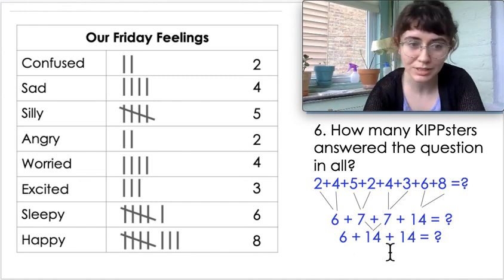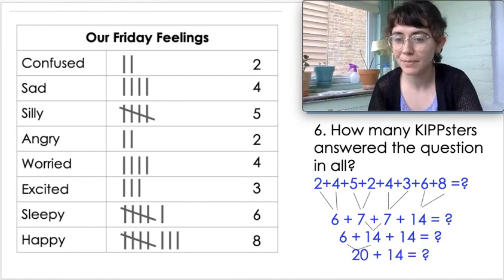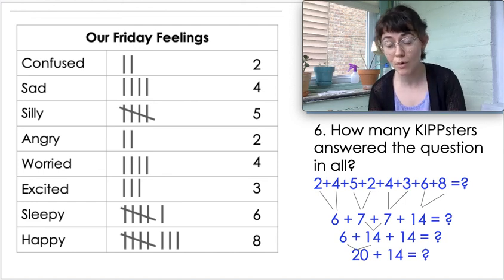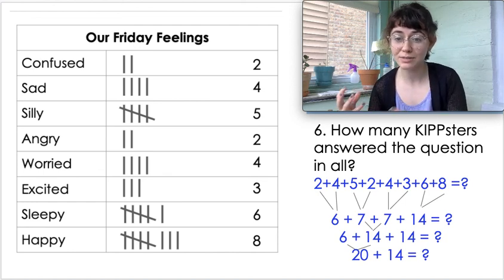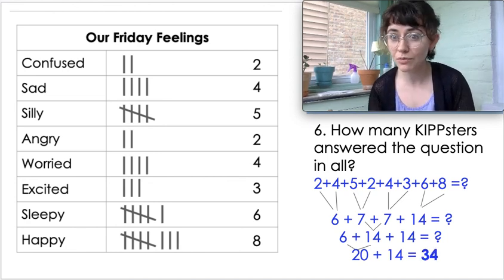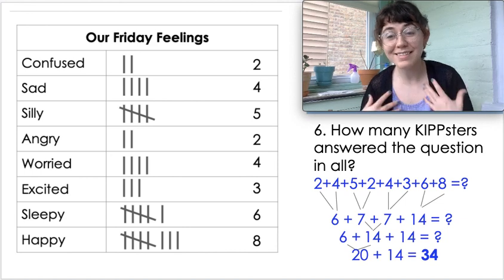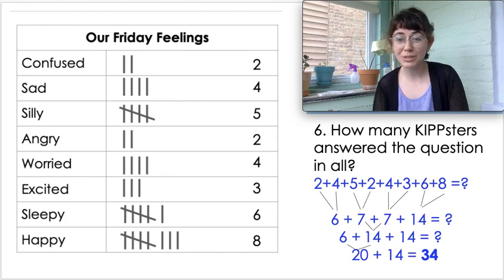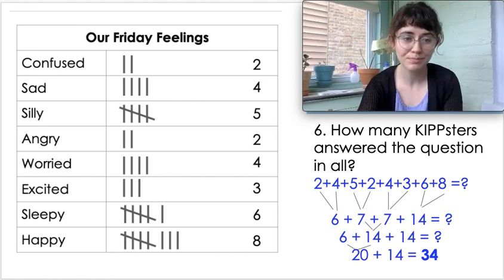So 6 plus 14 is 20. And now that I have 20 plus 14, that's so easy because it's just 2 tens, 0 ones plus 1 ten, 4 ones. 0 ones plus 4 ones is just 4 ones. And then 2 tens plus 1 ten is 3 tens. So that's 34. Awesome. That seemed like a crazy amount of addition to do, but it actually was okay so long as we looked for facts we knew.